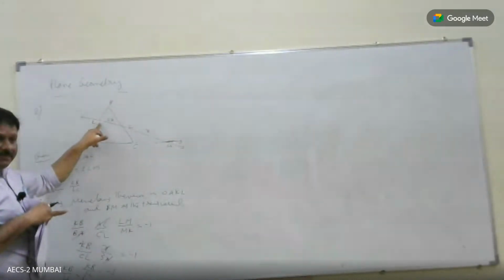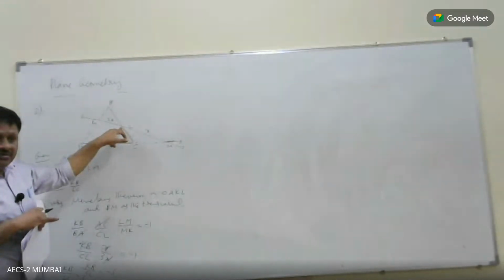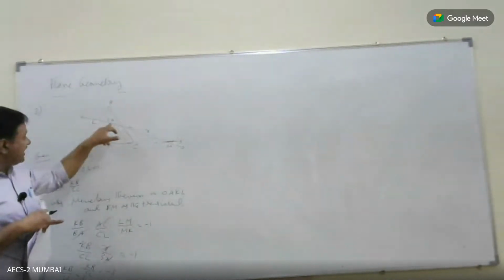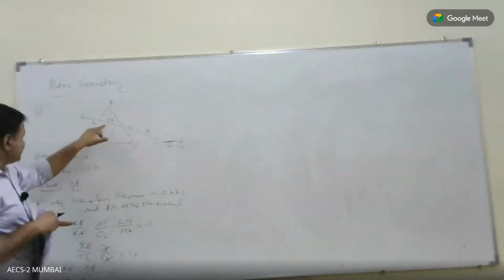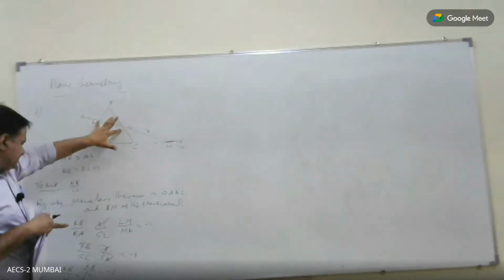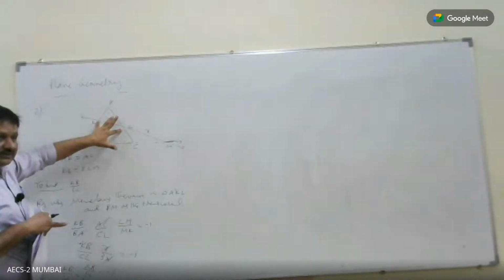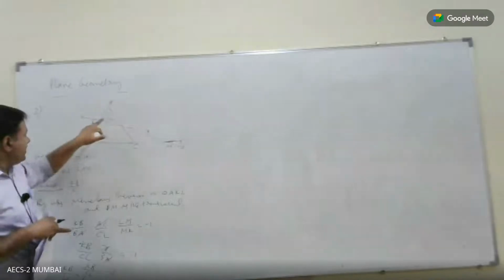Vertex A, okay. Come to vertex L. Now which side should I choose? I should not choose this. I should choose this because I am going in this order. So vertex L. Where is this cut? M. LM by MK.